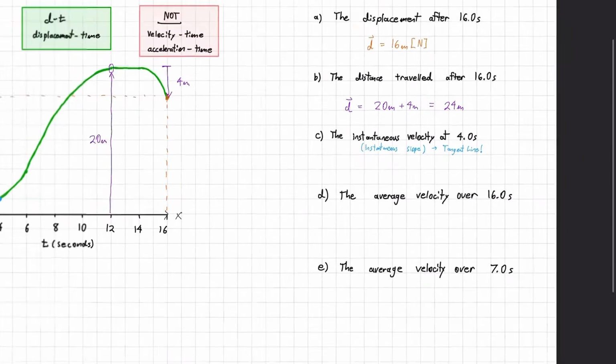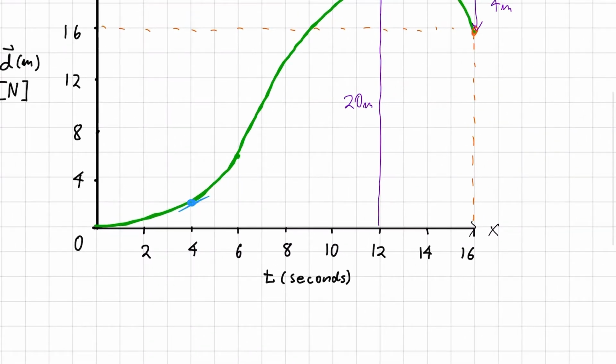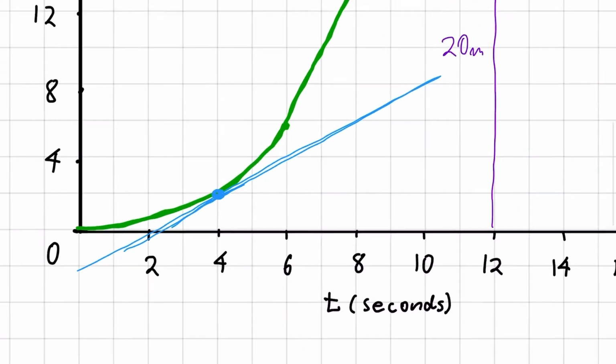And if you remember how to do that, we want to draw a line that just barely touches the curve. So at 4 seconds, when we draw our line, it'll look something like this. You can see the important part is it's just barely kissing that green line.